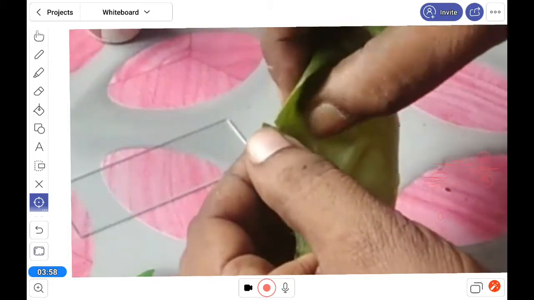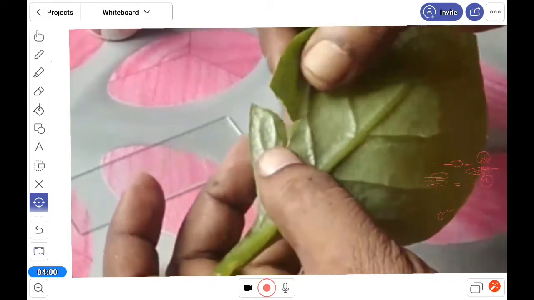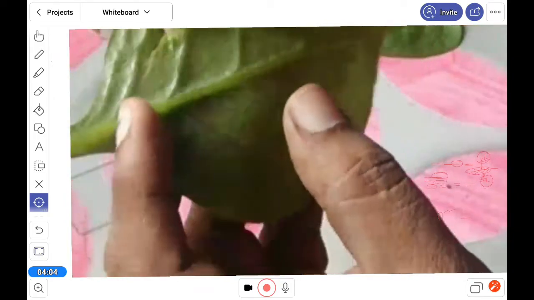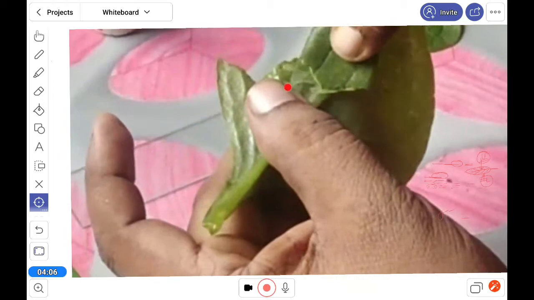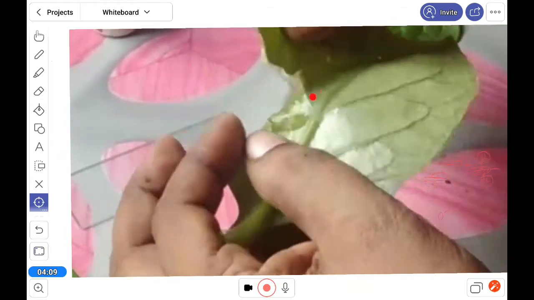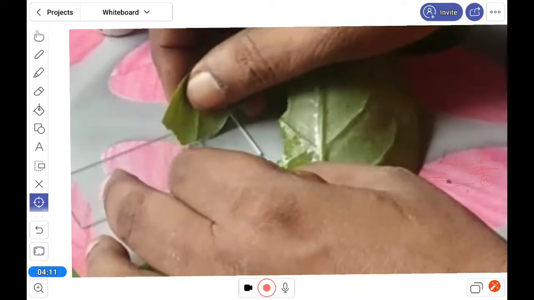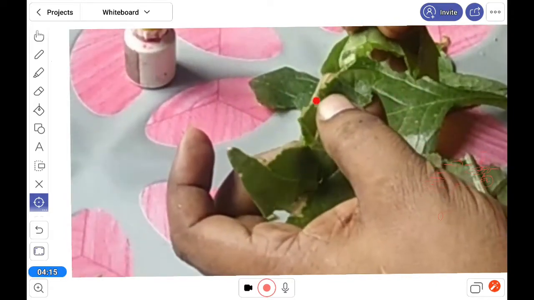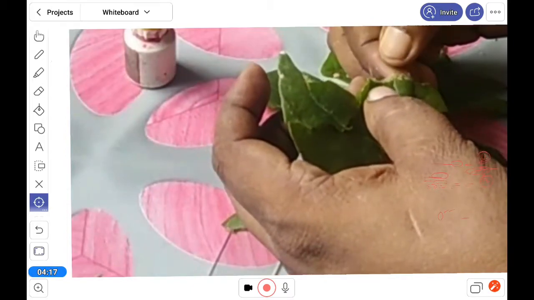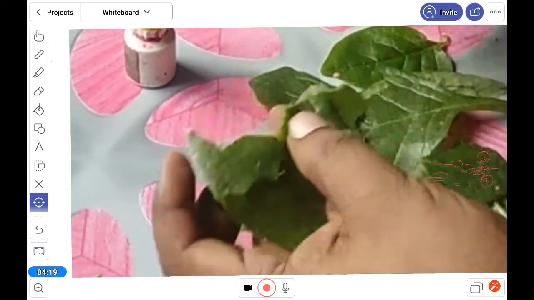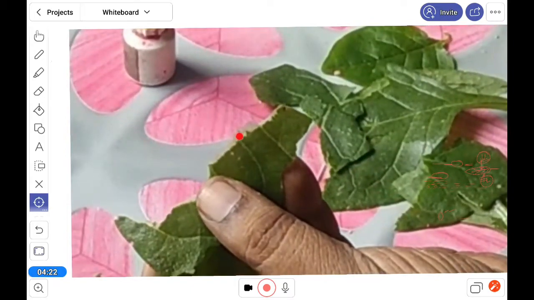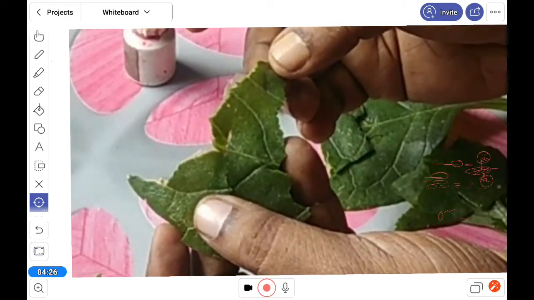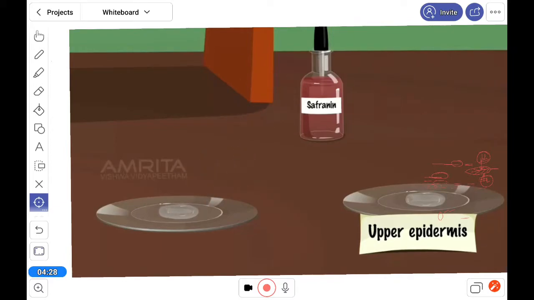If we want to take out the lower epidermal part, you can see this area, here I am peeling it. If you want to take out the upper side, then you have to take the leaf with the upper side in front of you, so that the upper part will come. You need to practice the upper side and the lower side a little bit.